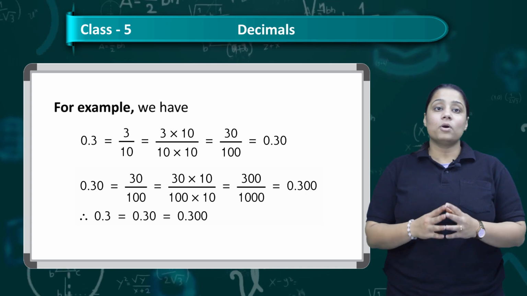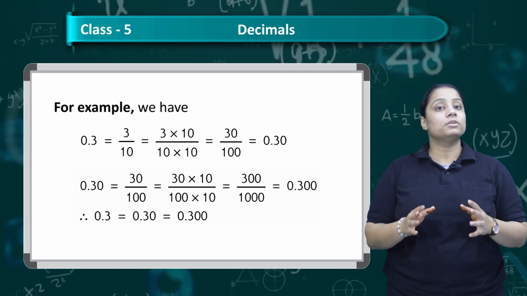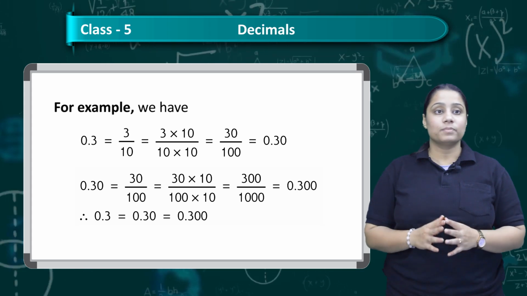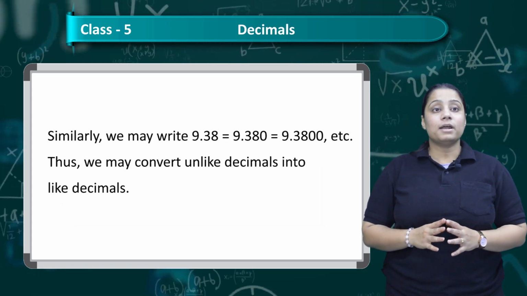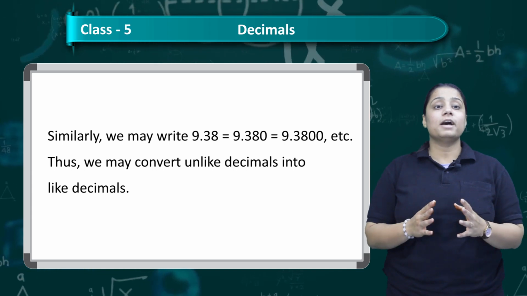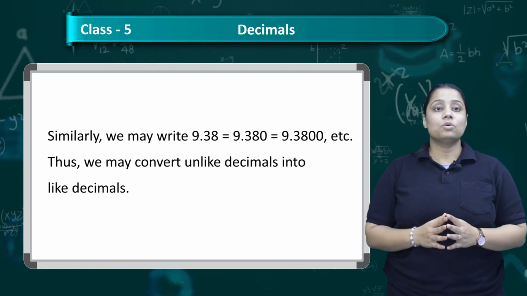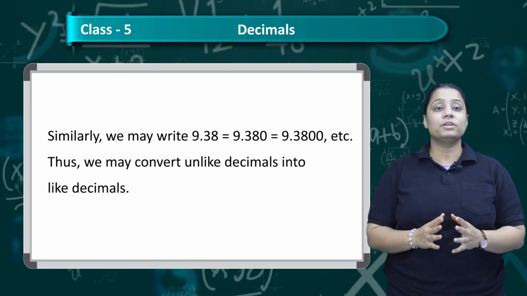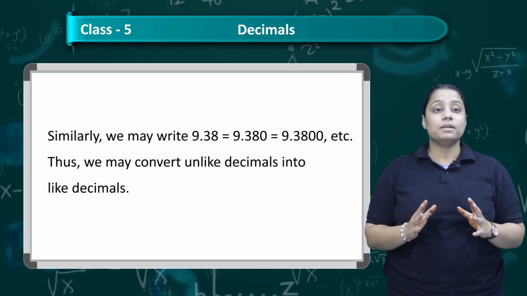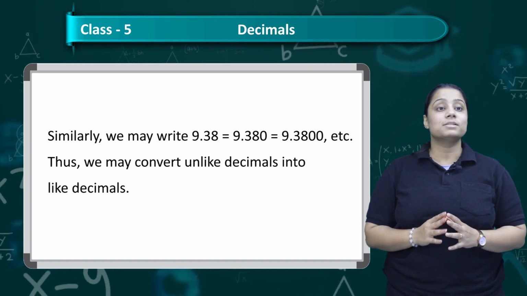Therefore, 0.3 equals 0.30 equals 0.300. Similarly, we may write 9.38 equals 9.380 equals 9.3800, etc. Thus, we may convert unlike decimals into like decimals.